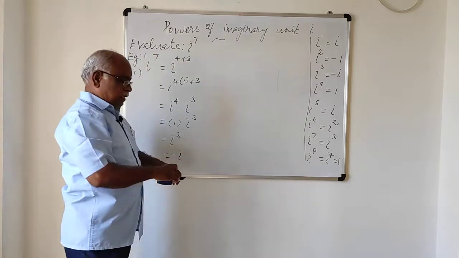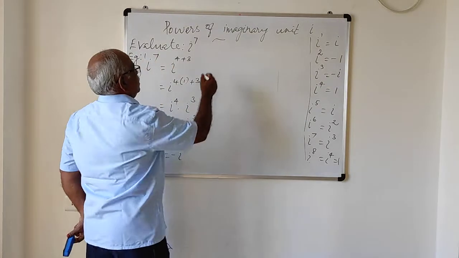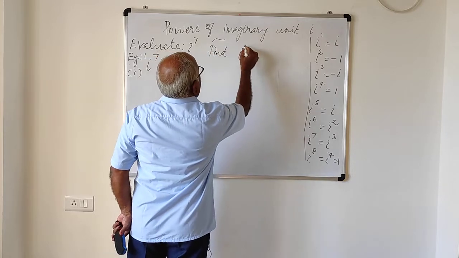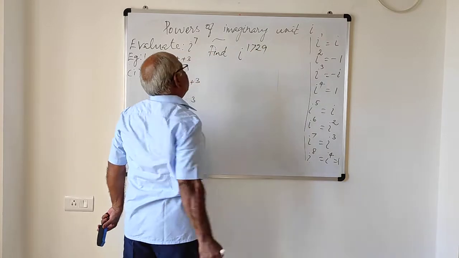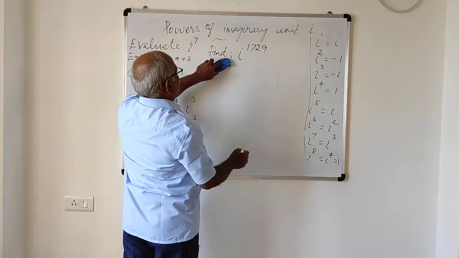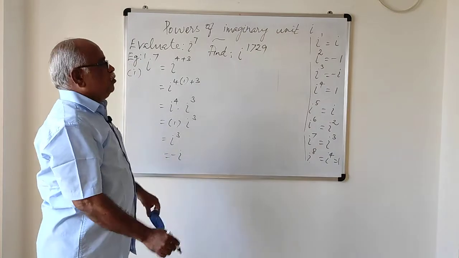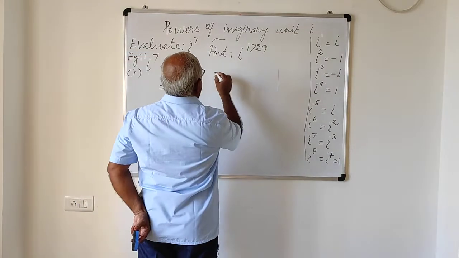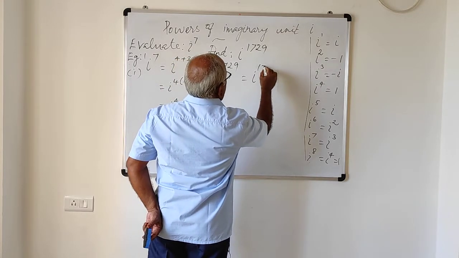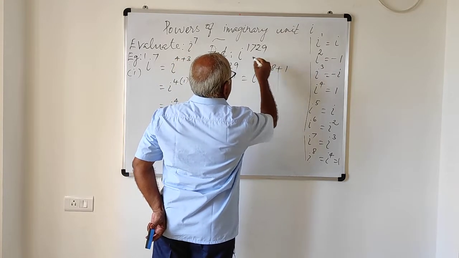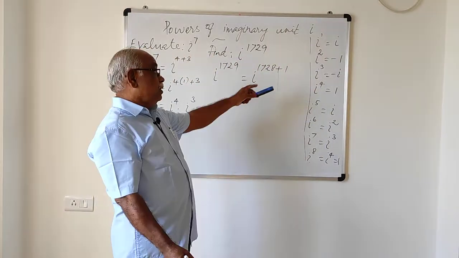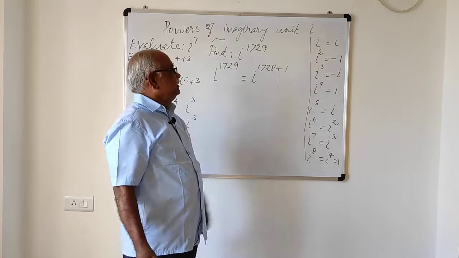See, one more example which is given in your book is, find the value of i power 1729, or evaluate i power 1729. So i power 1729 is expressed as i power 1728 plus 1, because it should be split into a multiple of 4 plus the remainder. That remainder should be always between 0 and 3.